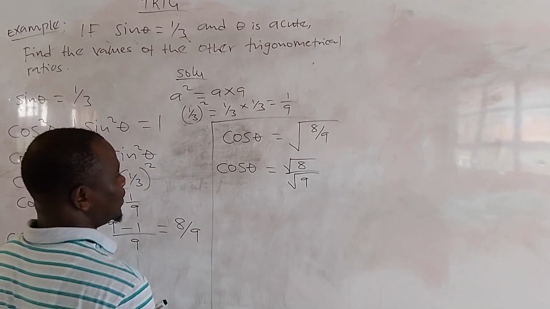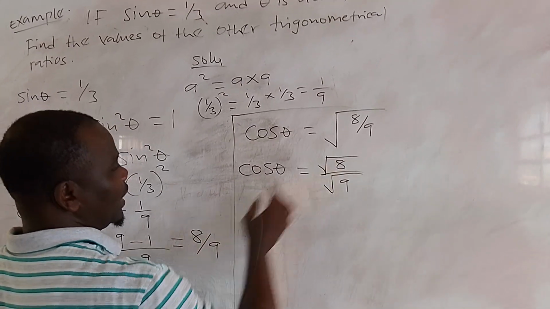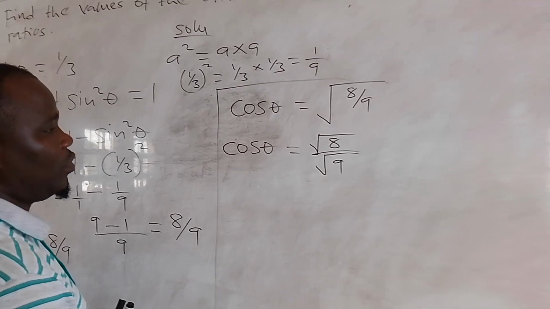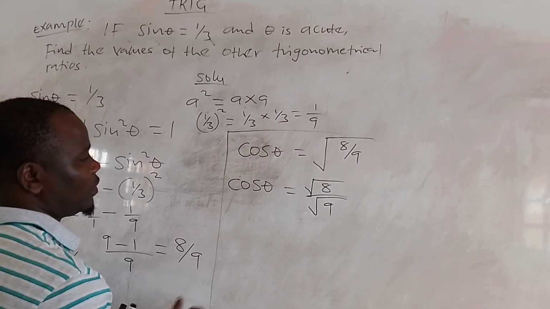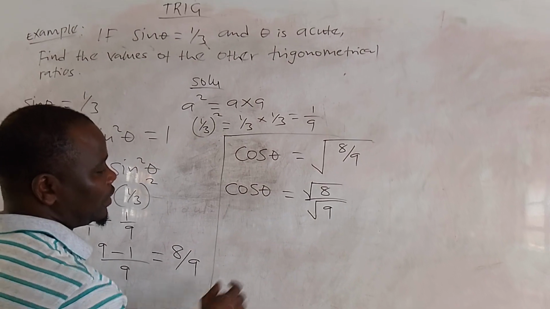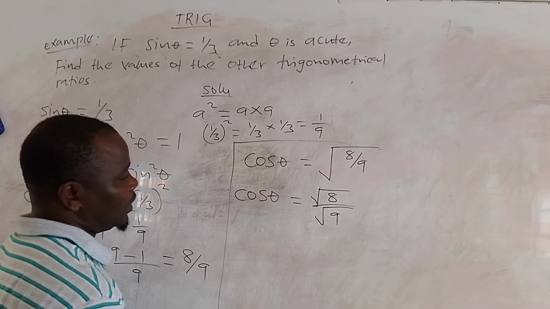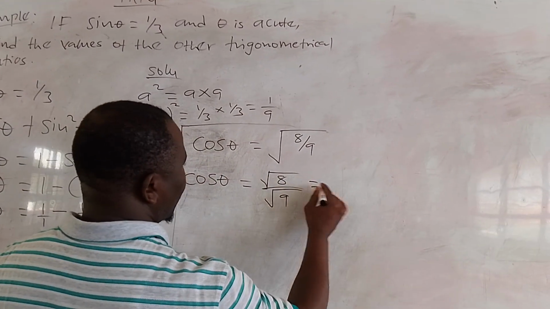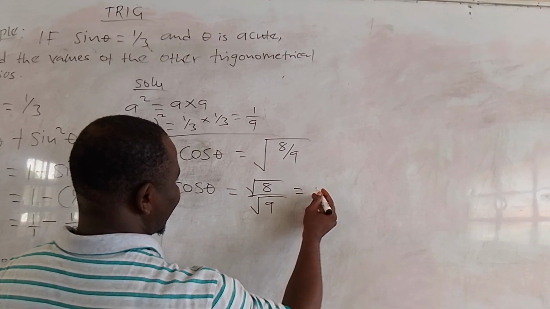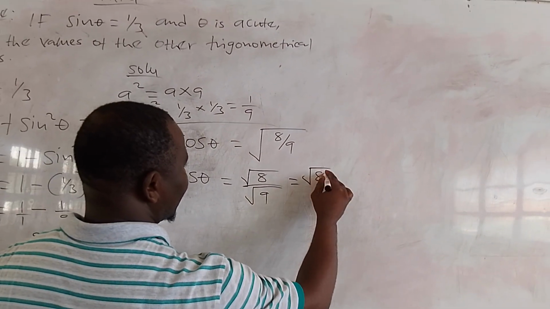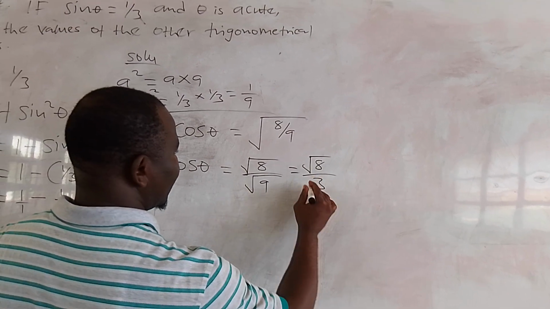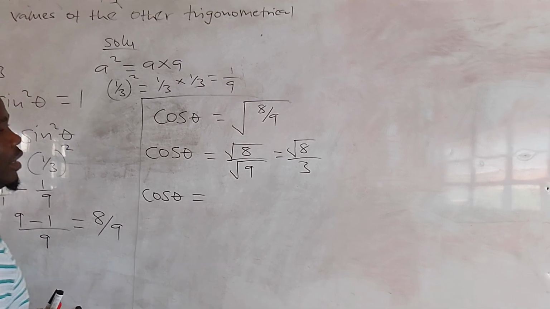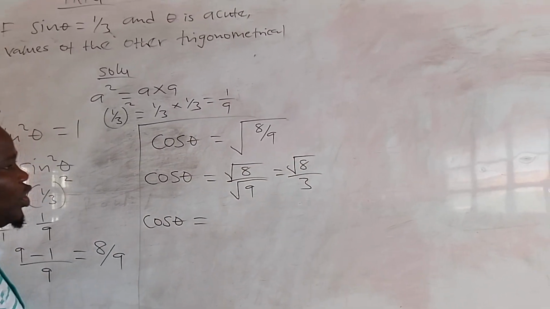This is a perfect square. 9 is a perfect square, so it is a rational number. It means the square root of 9 is 3. But we cannot get the square root of 8 exactly. So the square root of 8 over the square root of 9 is the square root of 8 over 3. Then we can still break this answer down this way.